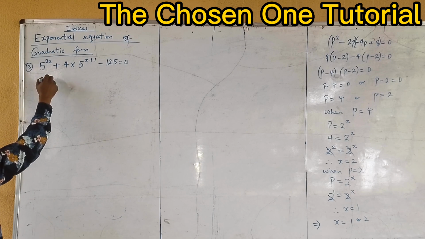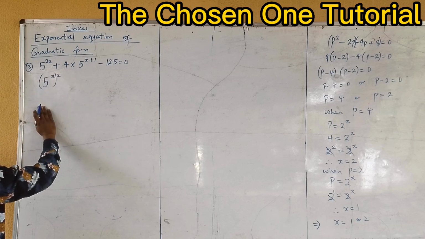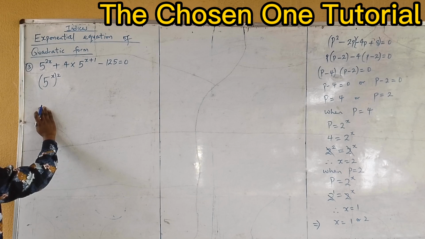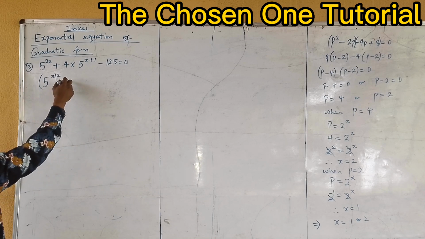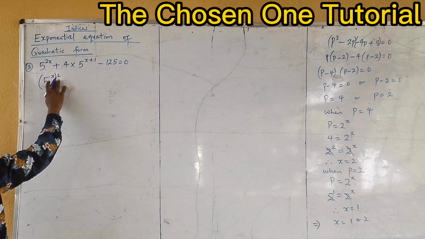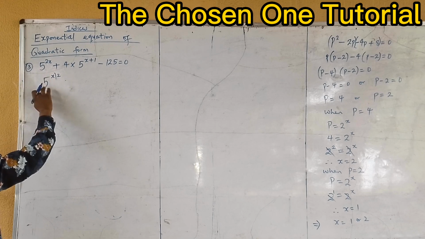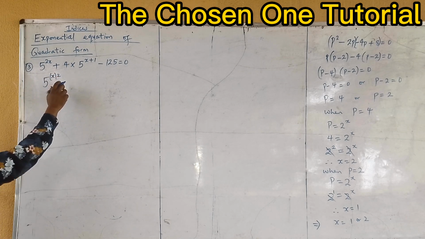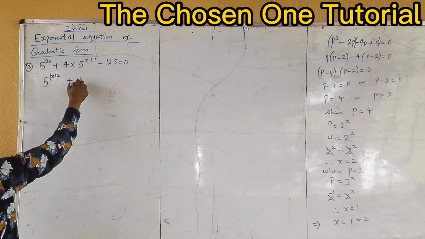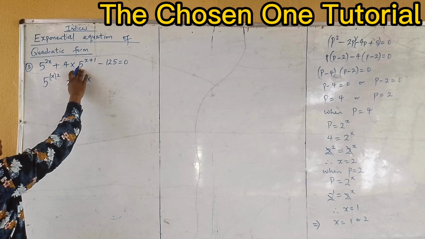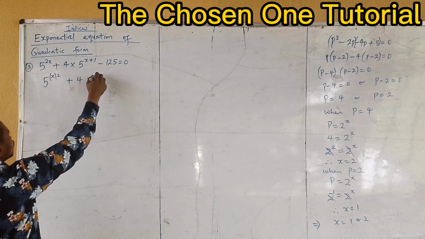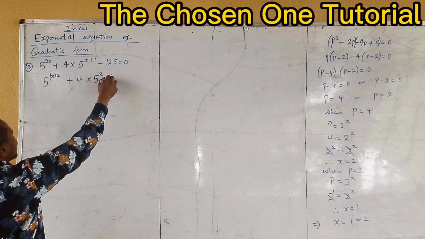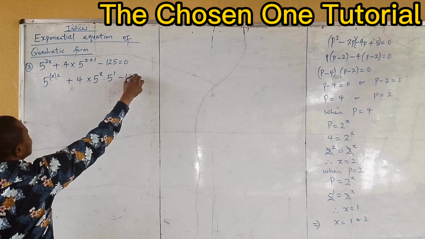We are going to have (5^s)^2 + 4 times 5^(s+1), which is equivalent to 5^s times 5^1, minus 125 = 0.